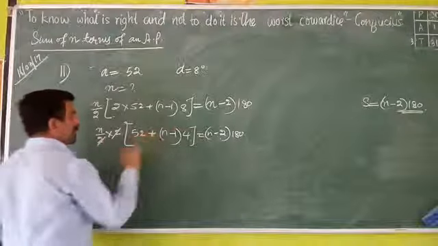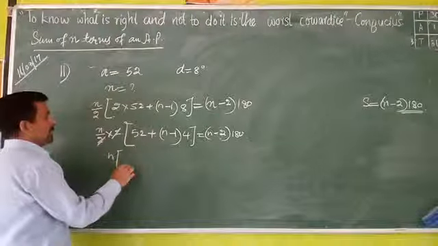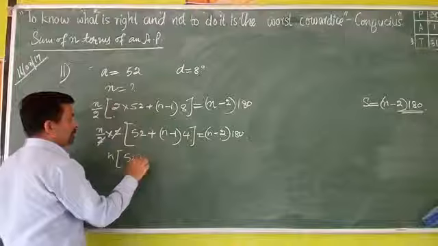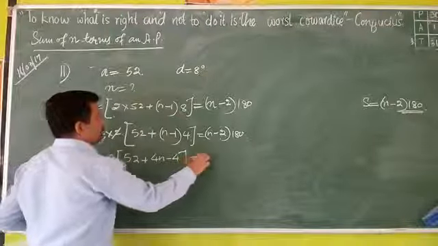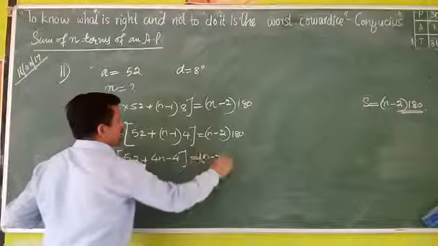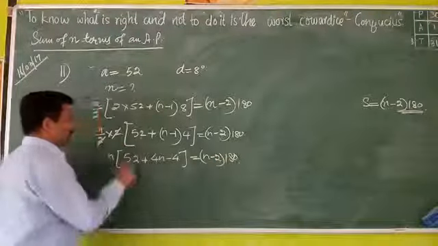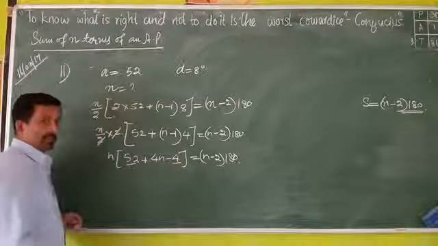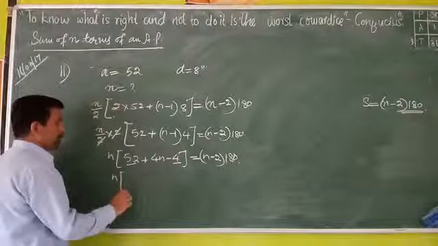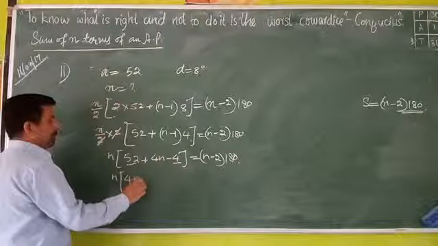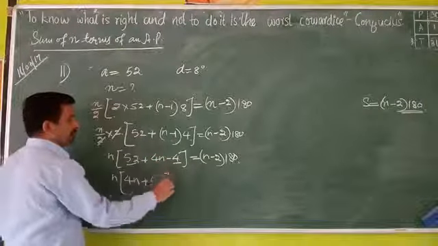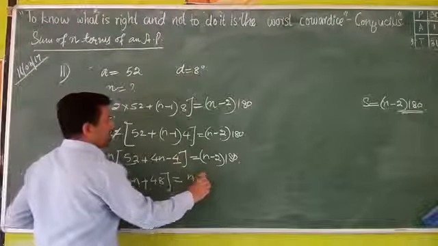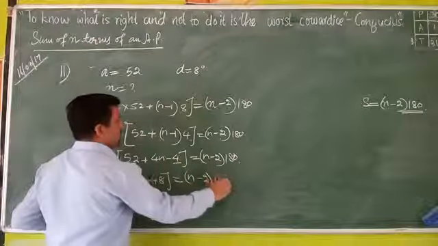After this we will simplify once again. This is n, this is 52 plus 4n minus 4, equal to (n minus 2) into 180. Now these two are like terms, they can be simplified together. This is n, 4n plus 52 minus 4, 48, equal to (n minus 2) into 180.